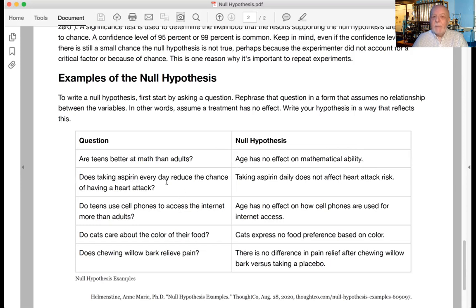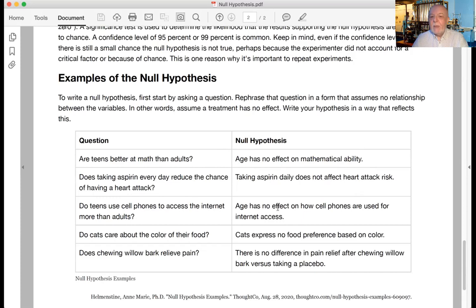Does taking aspirin every day reduce the chance of having a heart attack? That's the question you're interested in answering. The null hypothesis would be: taking aspirin daily does not affect heart attack risk. Do teens use cell phones, mobile phones, to access the internet more than adults?